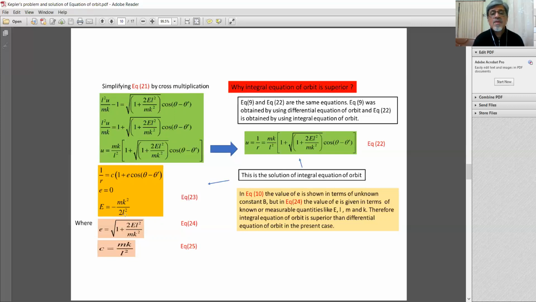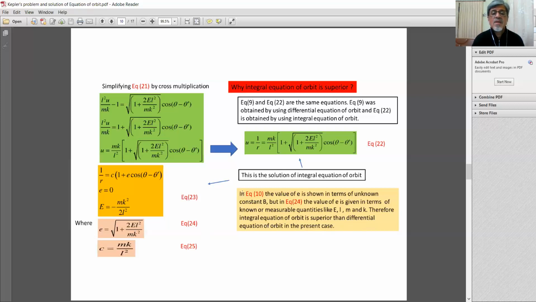So this can be represented like this. Now where e is equal to the square root of 1 + 2EL²/mk², and the value of c is equal to mk/L². If you compare this equation with equation number 9, we can know that very well.